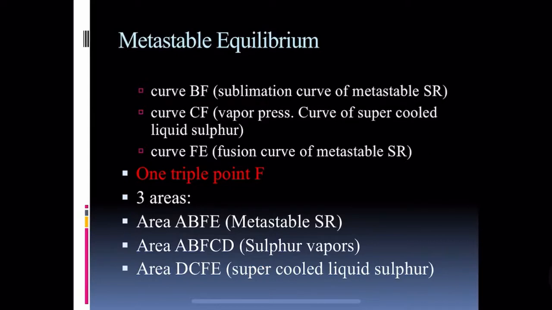Now metastable equilibrium. There is also metastable equilibrium over there. Curve BF is a sublimation curve of rhombic sulfur, curve CF is a vapor pressure curve of supercooled liquid sulfur, and curve FE is a fusion curve of metastable Sr. And here also there is one triple point, F. You can see it in our figure, so you can understand better.